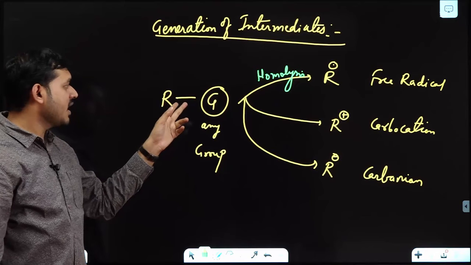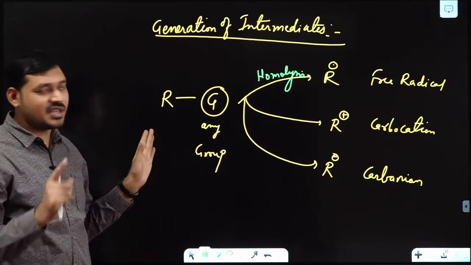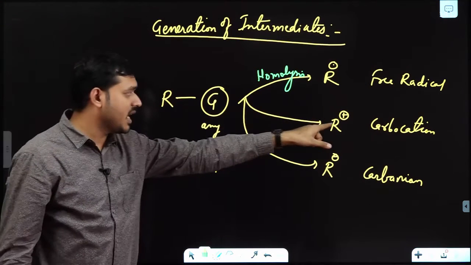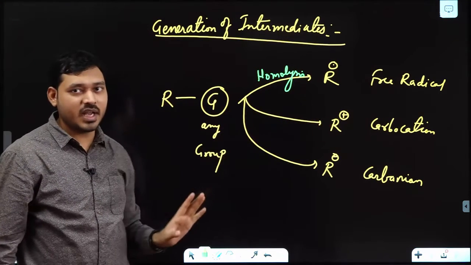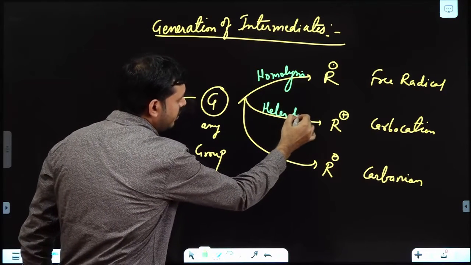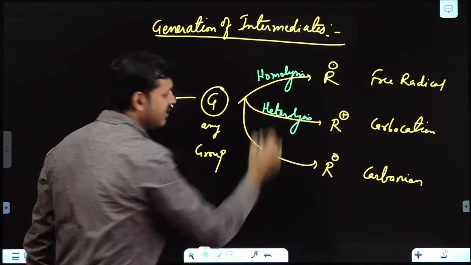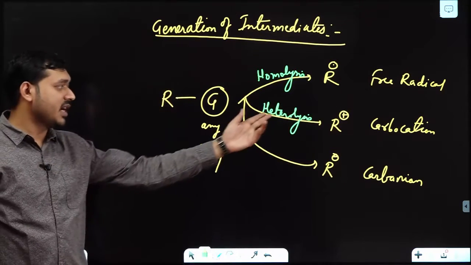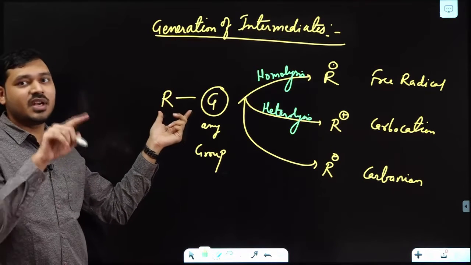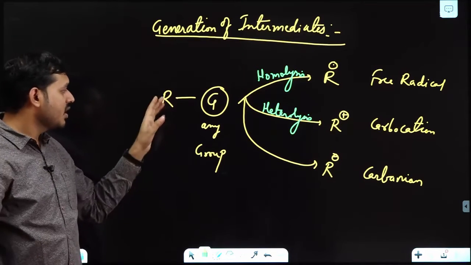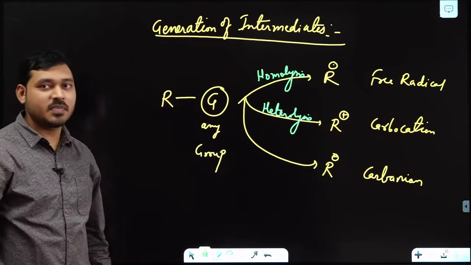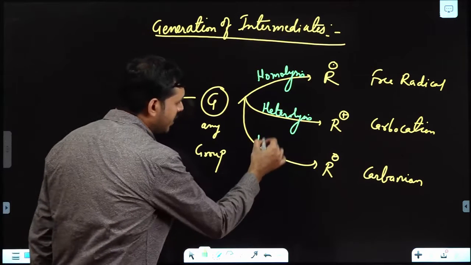But if you make unequal distribution of electrons such that both the electrons are taken away by this group, then you will get R plus carbocation. So this is heterolysis, meaning unequal bond breaking, bond breaking with unequal distribution of electrons. Now suppose both the electrons are taken away with the R group, then it will be the R minus part, carbanion. This is also heterolysis.